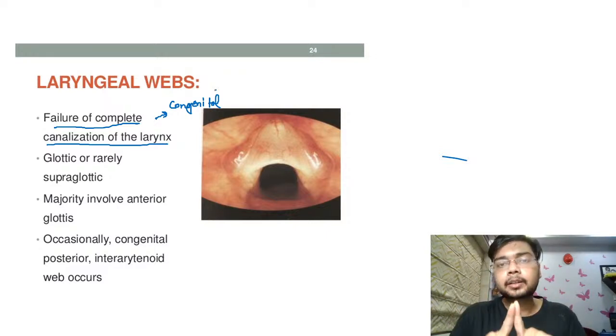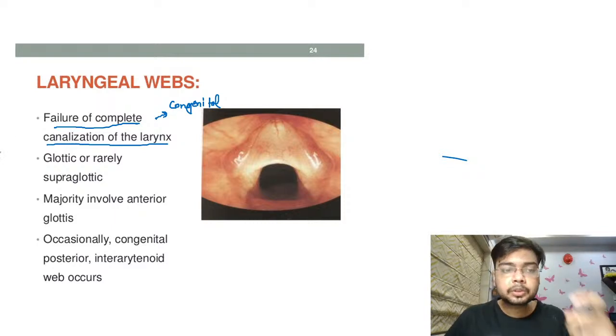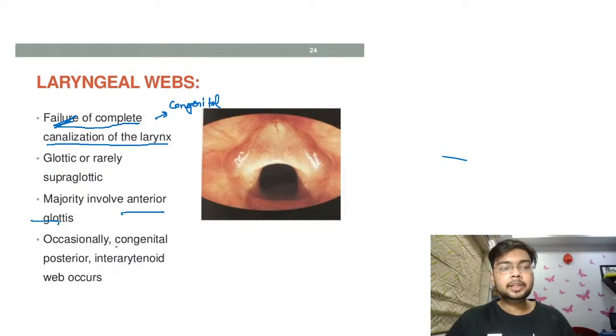They can get adhered and form this type of structure, but mostly these are congenital, and mostly they involve the anterior glottis, right? Occasionally they can be posterior, but mostly they will be located in the anterior part of the glottis.